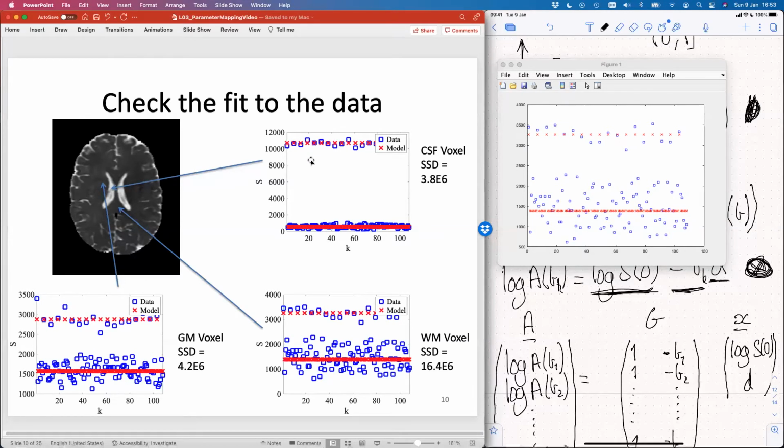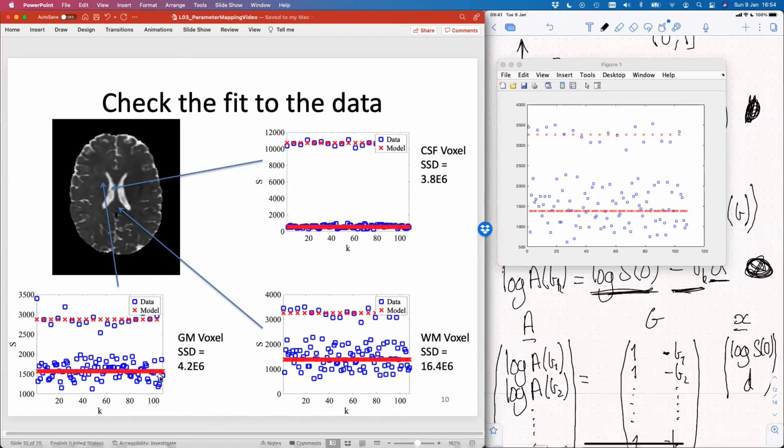But also our simple model that assumes no anisotropy, and that all the diffusion weighted images are the same at the same B value, actually gives a good approximation to the measurements in CSF, because the dispersion is isotropic in CSF voxels.